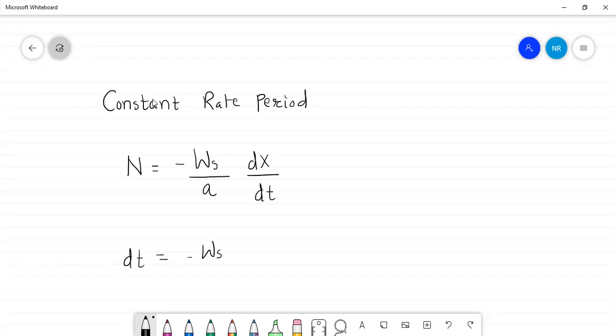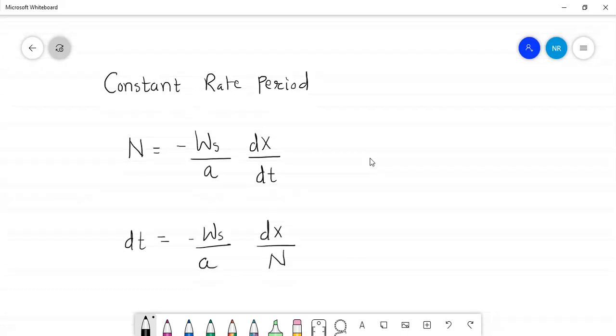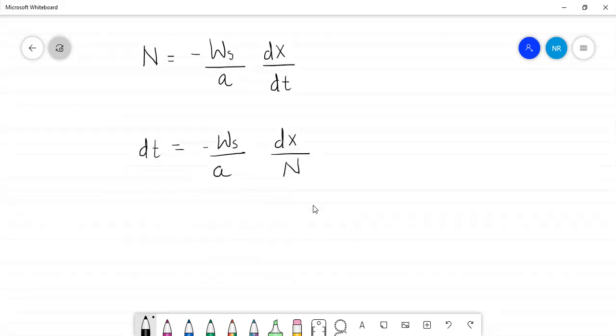For A multiplied by dx divided by N. Now this is for constant rate period, so we say it's NC. So we have a different time, a different moisture content, dt.